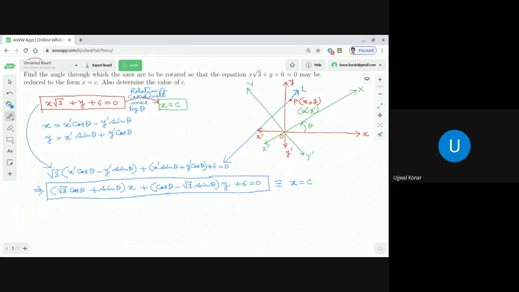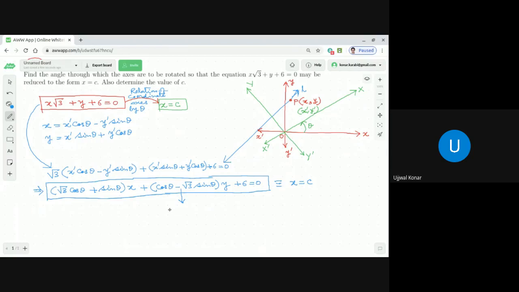Correct or not? Now, if this is the case, then what will happen? This component, that is the coefficient of y, has to be equal to 0. Correct? Otherwise how will it be x equal to c? x equal to c is only possible if the coefficient of y is equal to 0.